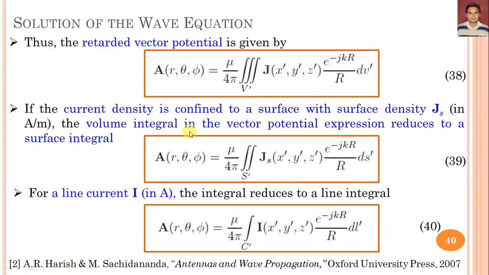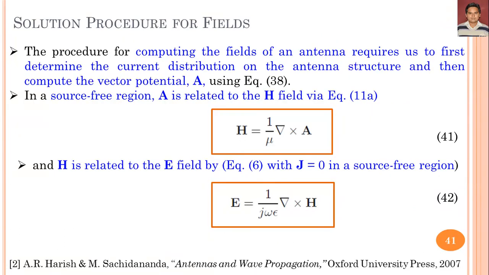The only difference is that for the magnetic source we represent the potential by capital F, equal to epsilon upon 4 pi, volume integral, where J is replaced by capital M, the magnetic current density, and the other terms are the same. So the solution of the wave equation can be calculated by using this second step procedure that we discussed in lecture 2 of this series.